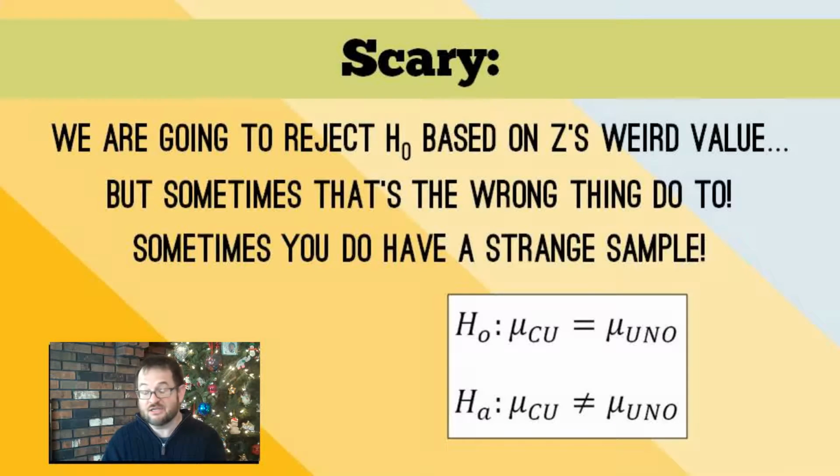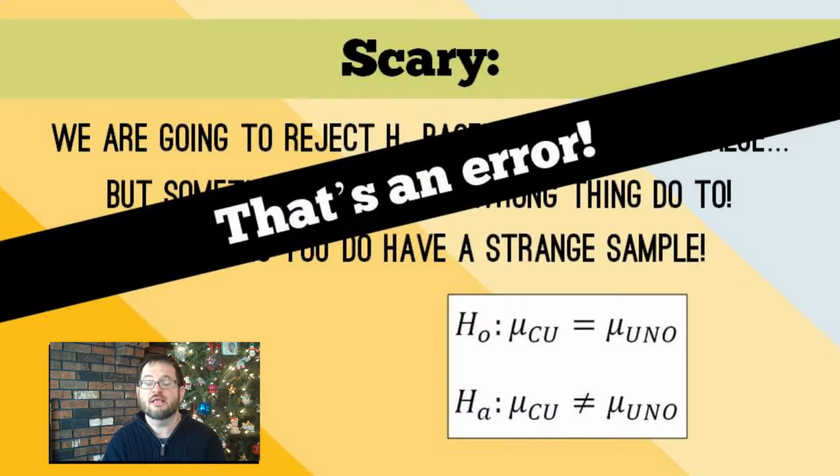I'm rejecting or not rejecting a null hypothesis based on these samples and the Z test I got, but maybe I just had bad luck and got a weird sample that isn't very representative. That's an error, and it is something we want to avoid. We don't want to reject the null hypothesis if that's the wrong thing to do.